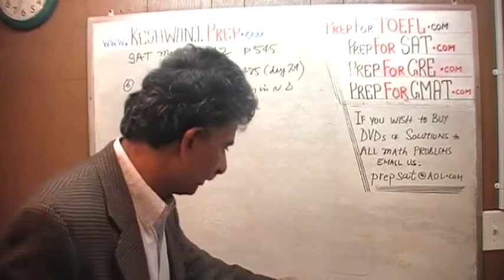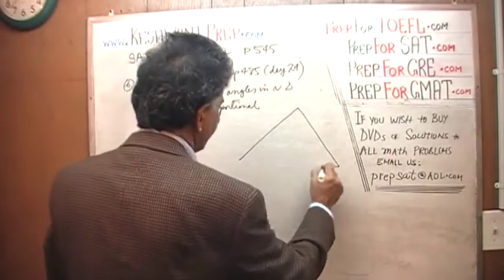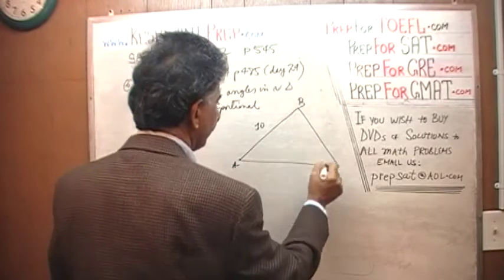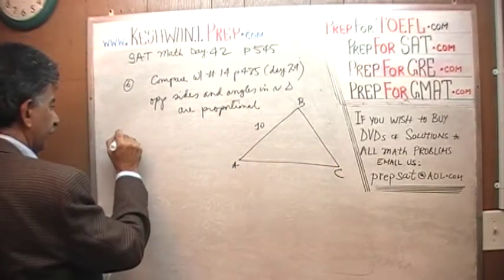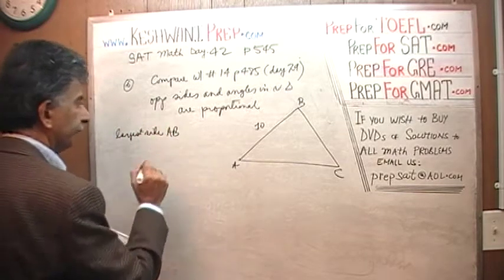Let's see what we are told here. We are told that this side is 10. Let's give them names here. Let's call them ABC. AB is the largest side. The largest side is AB.